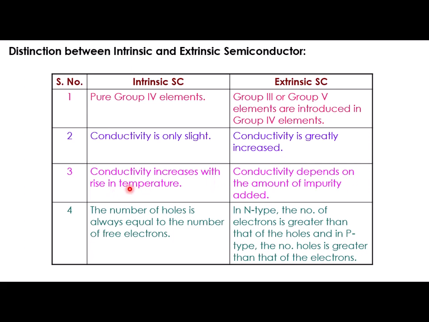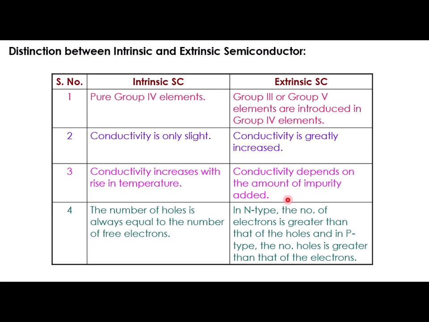The intrinsic semiconductor's conductivity increases with the rise in temperature. It is temperature sensitive. The conductivity of an intrinsic semiconductor is temperature sensitive, whereas the conductivity of an extrinsic semiconductor is largely dependent on the amount of impurity added.